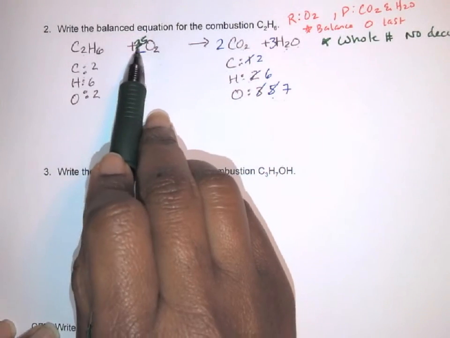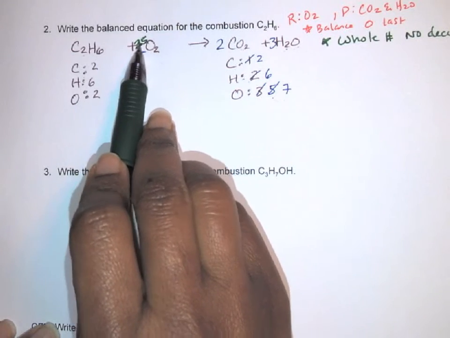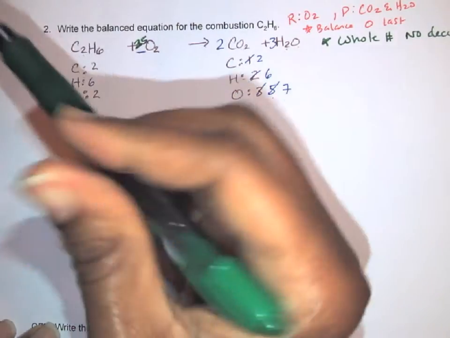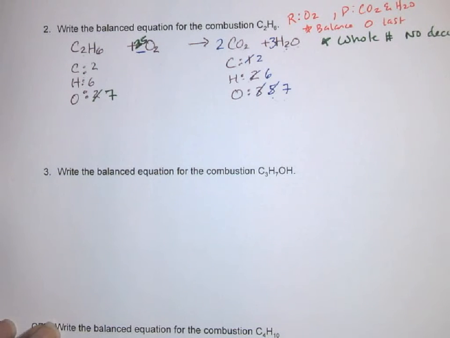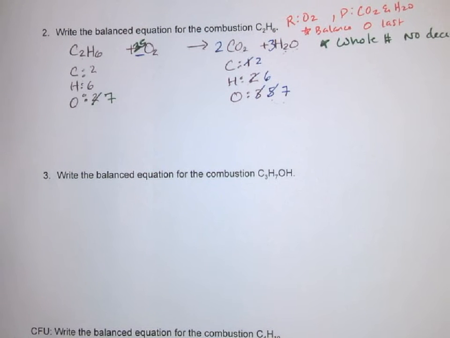But I can put that here briefly because what I want to do now is get rid of that 3.5. The way I'm going to do that is multiply 3.5 by the smallest number possible in order for it to be a whole number.